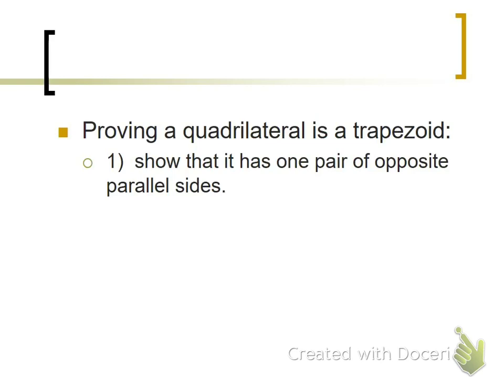Showing a quadrilateral as a trapezoid is pretty easy. You need to show that one pair of opposite sides are parallel. That's it. Just one pair of them.